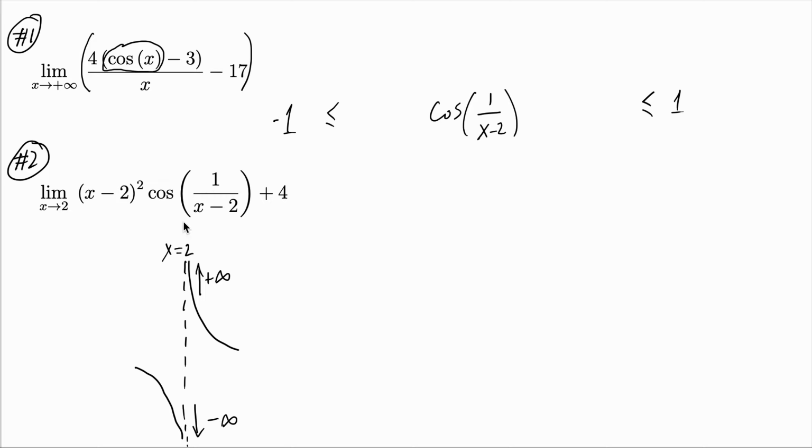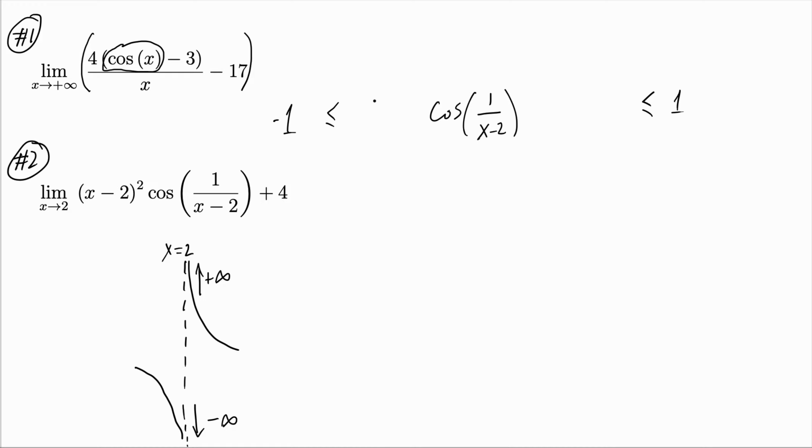So as we're getting close to 2 from either side, it's bouncing around a lot. Just keep that in mind as we go. So that's why sandwiching is nice, because we're going to be putting the whole wobble between -1 and 1.